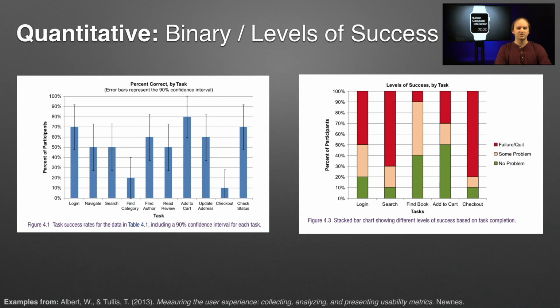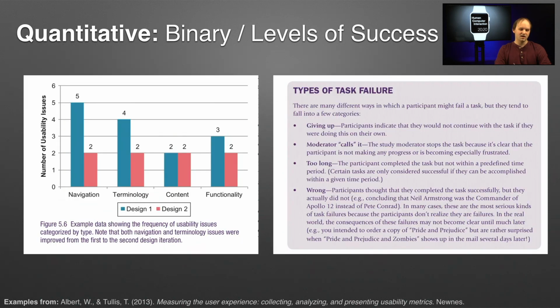So here's an example that's just quantitatively measuring how successful they are at completing a task on an interface. You can also look at levels of success, or, like this graphic is showing, two different designs and different categories of features that are being used, and measuring the number of usability issues that occurred.